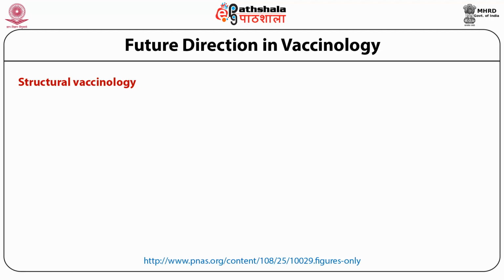Reverse vaccinology provides for testing of isolated recombinant products in the animal models. Then structural vaccinology analyzes the 3D structure and vaccine testing of individual domains. Variant domains that elicit protective immunity are assembled into a single hybrid antigen to elicit protection against the infection.